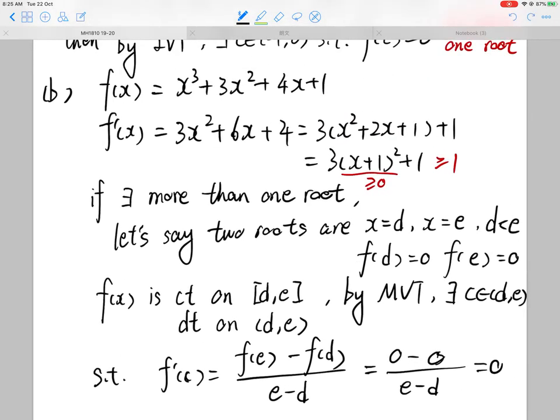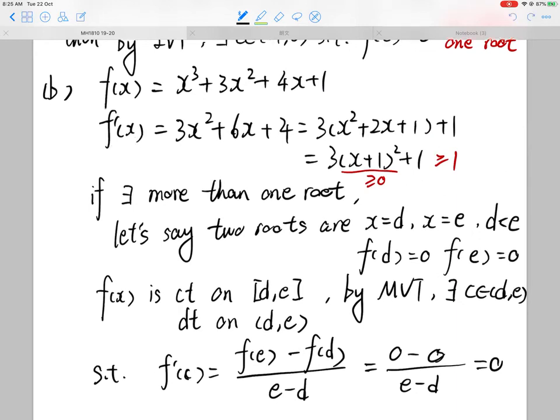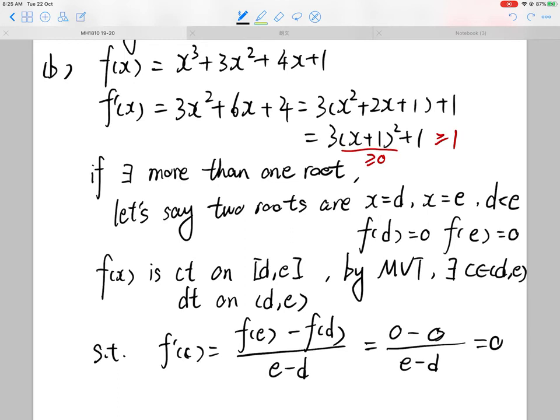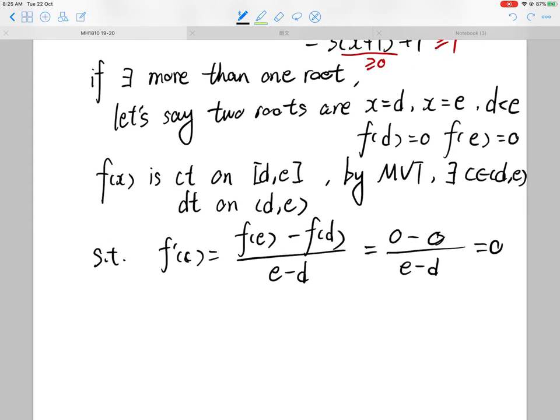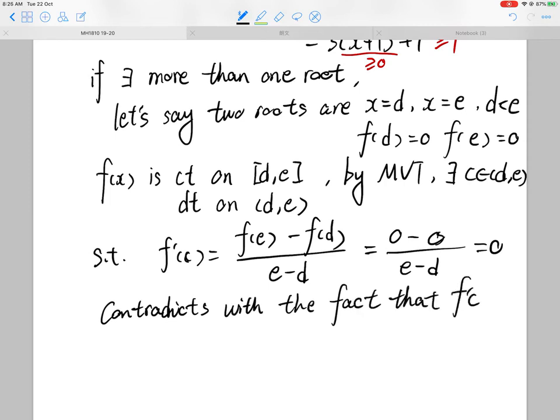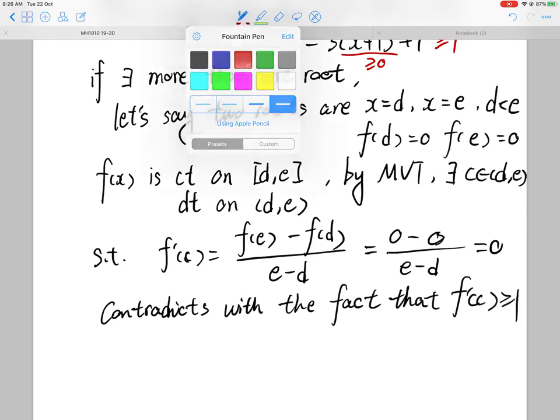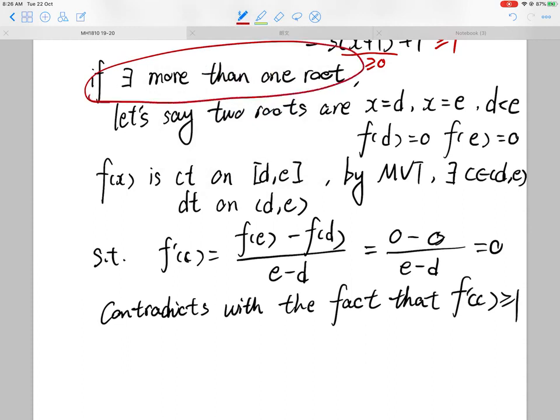However, previously we have proved that the derivative is always greater than or equal to 1. So these two parts contradict each other. It's a contradiction with the fact that the derivative is always greater or equal to 1. Which means our assumption, more than one root, is invalid.